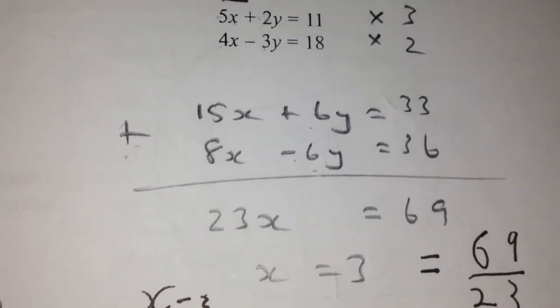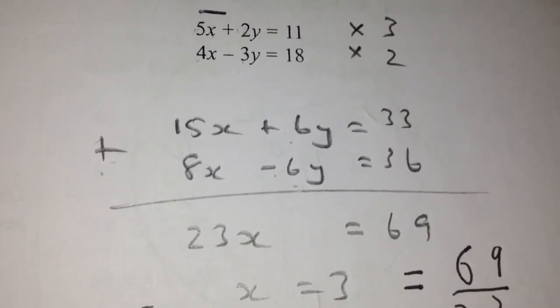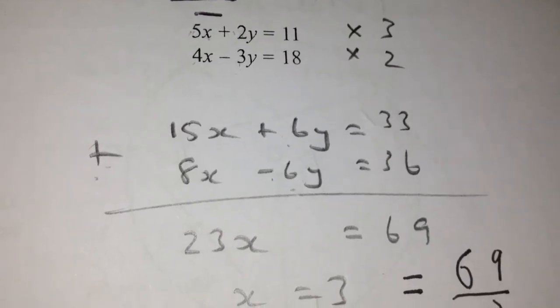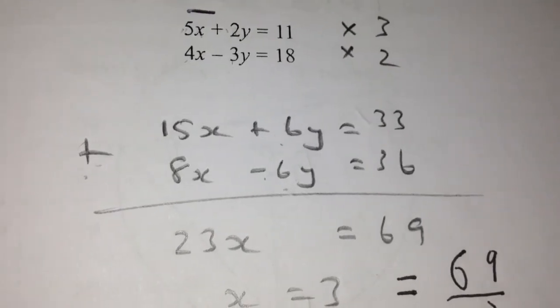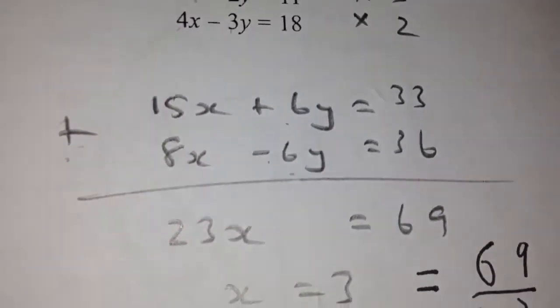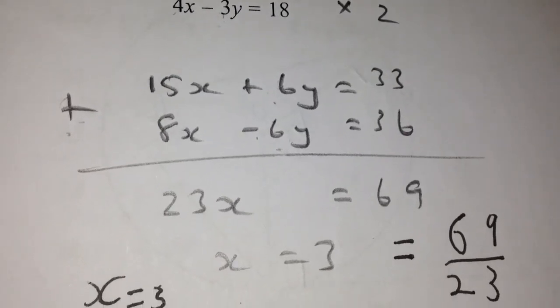In this case we're going to have to use plus, because if we were to use minus, it would be 6y minus minus 6y, which would give us positive, and that would leave us with y values, and we don't want to be left with y's. So we're going to choose to plus them, because 6y plus minus 6y gives us nothing.